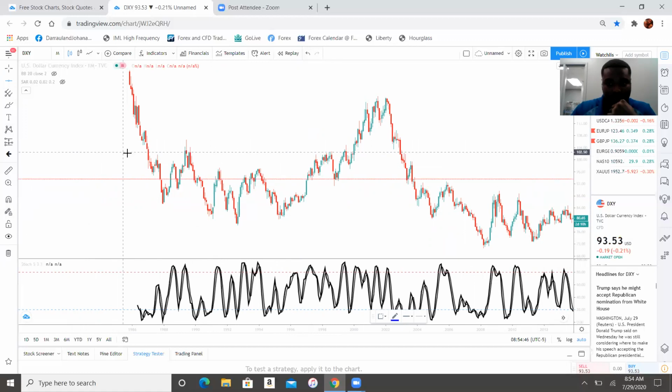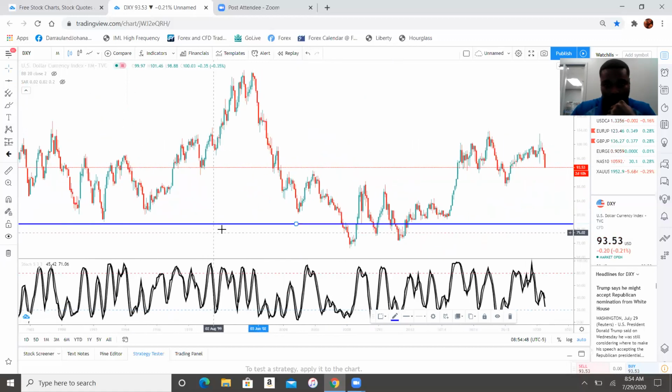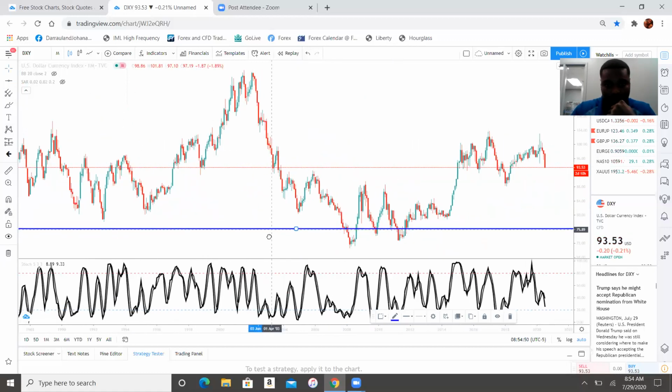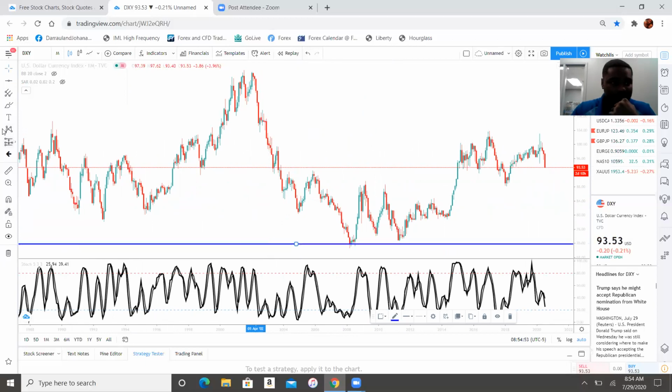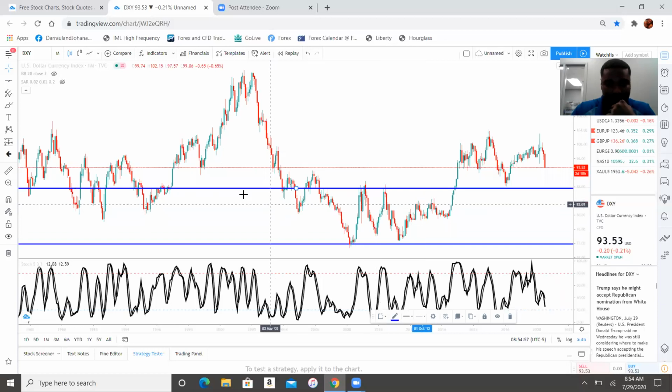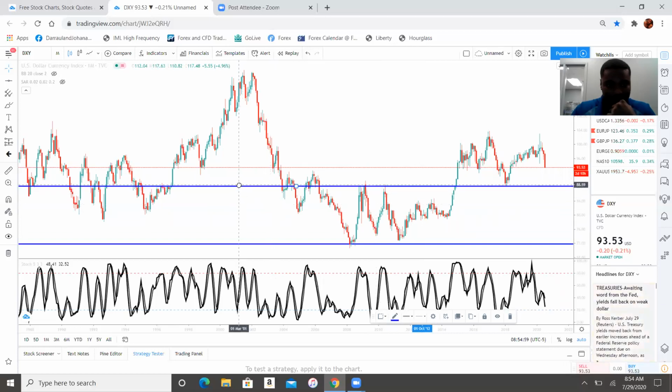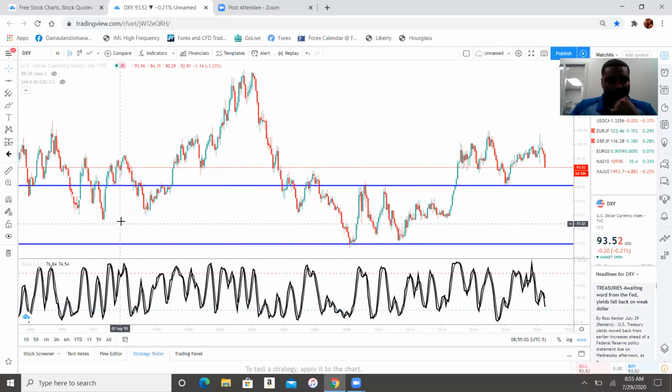So let's see if we can get a better consolidation right here and here. So we put it right here for you, okay? This is considered consolidation.